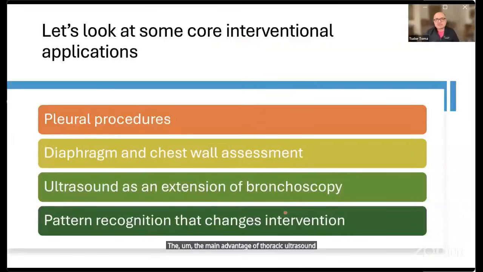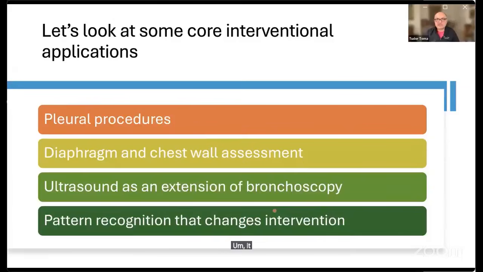So let's look at some applications and go a little bit more into details of what we can do. I will focus a little bit on the pleural procedures. I'll mention a couple of things about diaphragm and chest wall assessment.